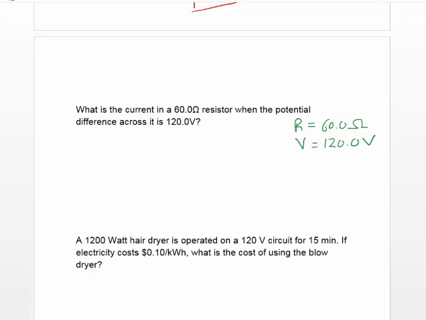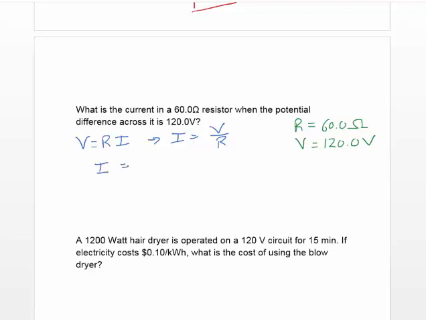Now, what is our equation for this one? We're trying to find the current. We know that the voltage is equal to the resistance times the current. We're looking for the current, so that can be solved to show that current equals voltage divided by resistance. We know those two, so we can go ahead and solve this.